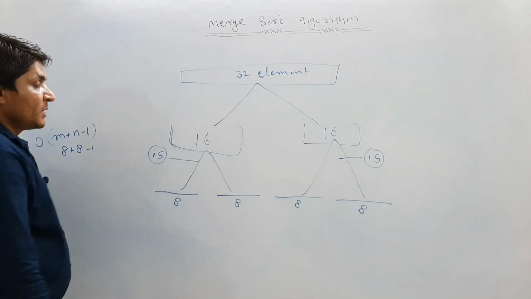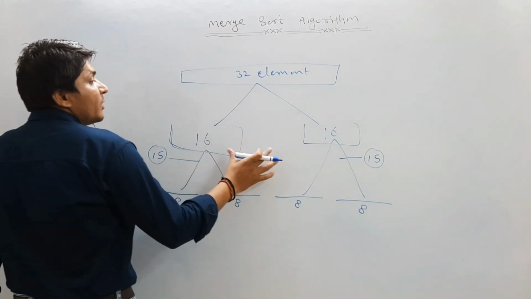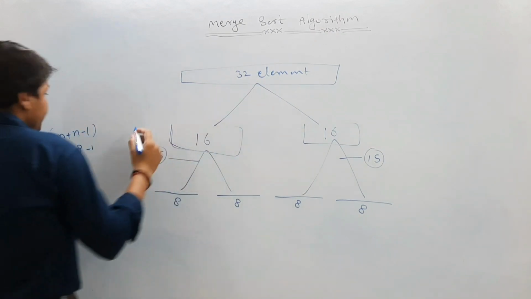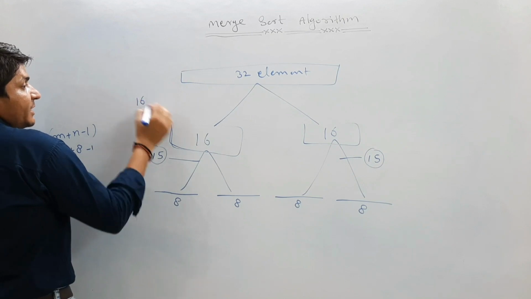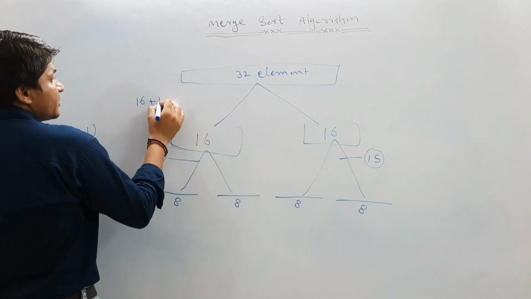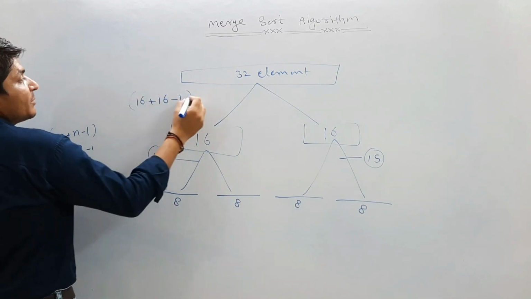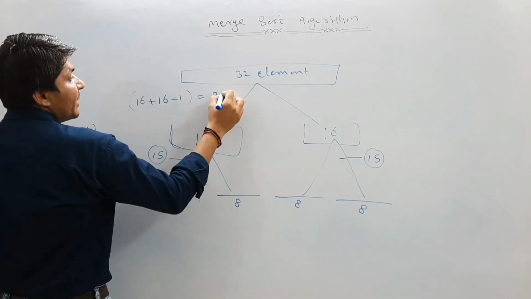So again we are going to merge. How many comparisons will it take now? The size of this array is 16, and the size of this array is also 16. So 16 plus 16 minus 1. It will take 31 comparisons.